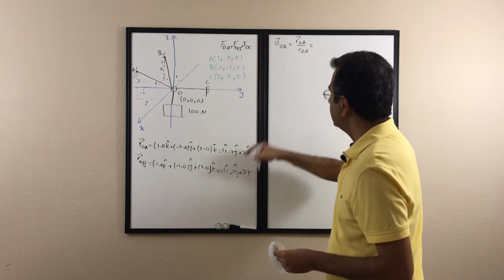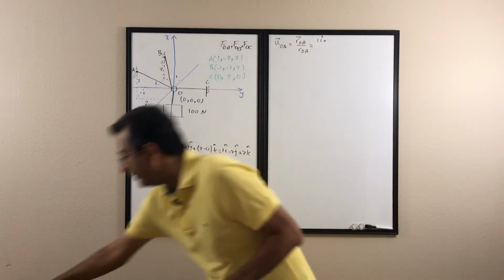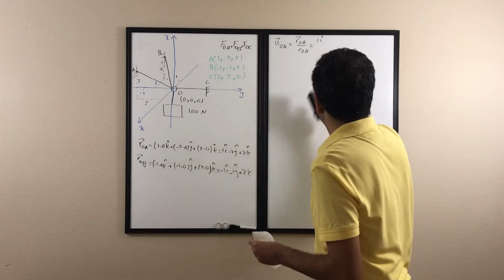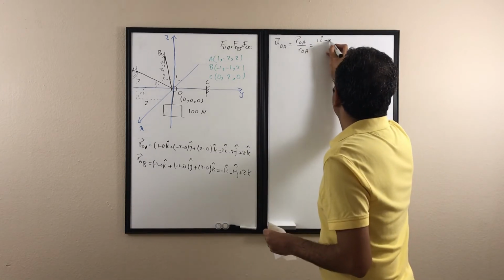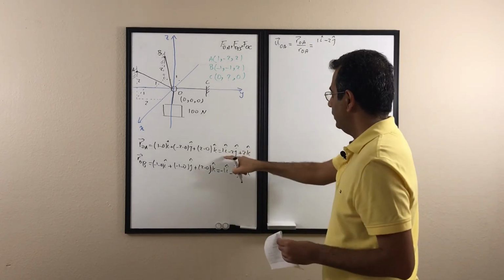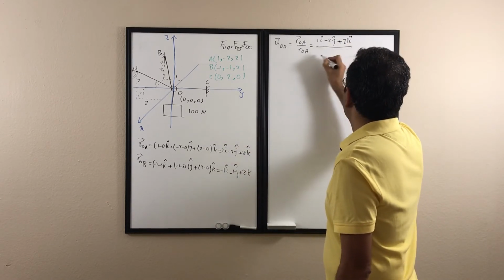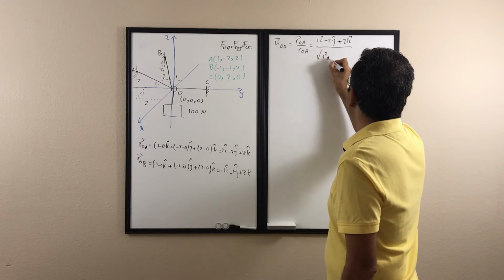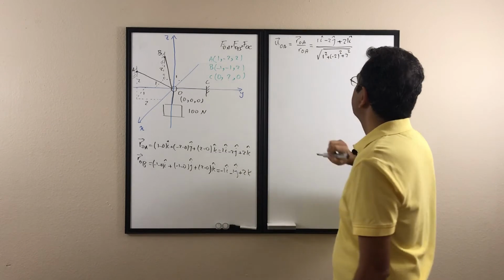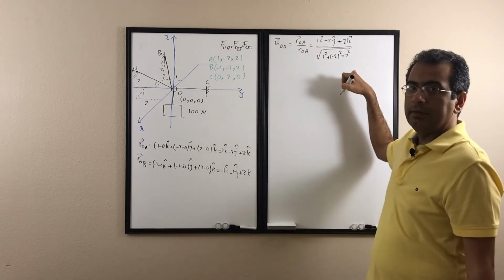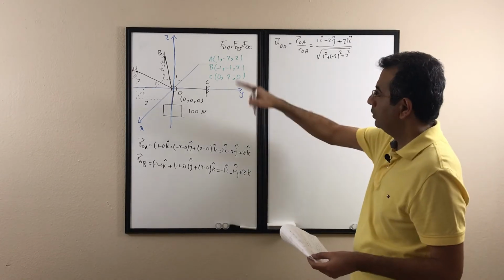So its position vector is 1I minus 2J plus 2K, divided by its magnitude, which is the square root of 1 squared plus -2 squared plus 2 squared. So this is the unit vector along OA.